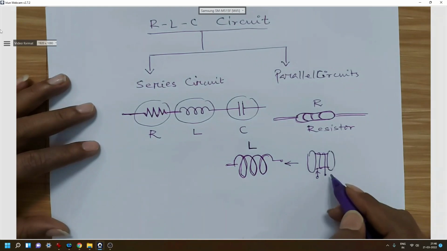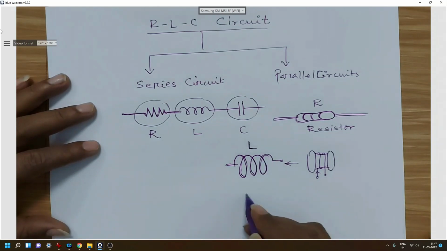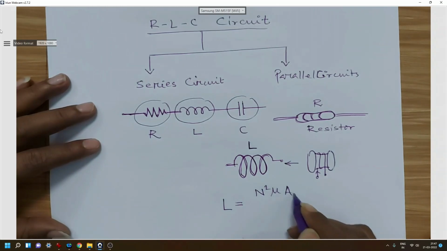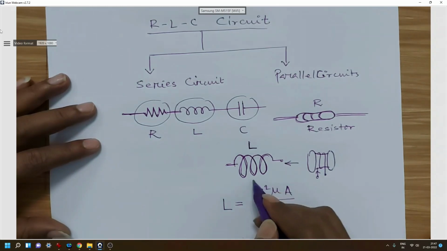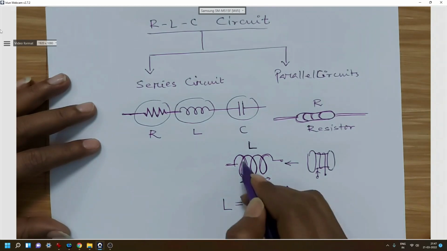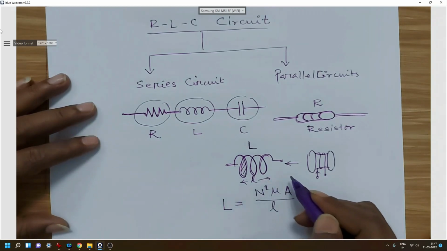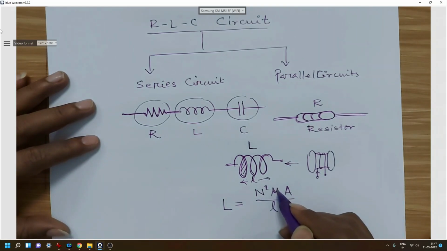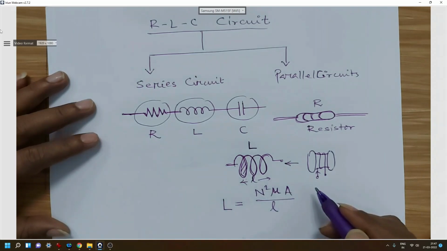So this is inductance, and we can remember that L for a single layer solenoid will be N squared mu A by l, where l is the length of the solenoid, A is the area of the loop, N is the number of turns, and mu is the permeability of the medium.